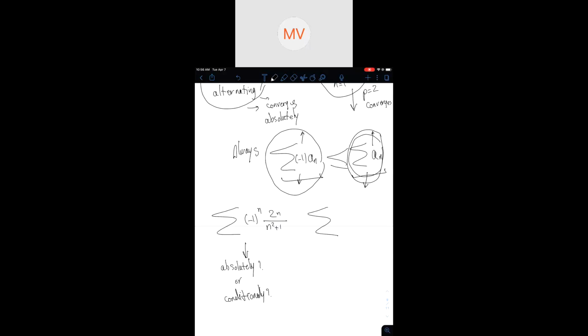What do you guys think? Conditionally. Why is that? Because we know the alternating series itself converges, right?